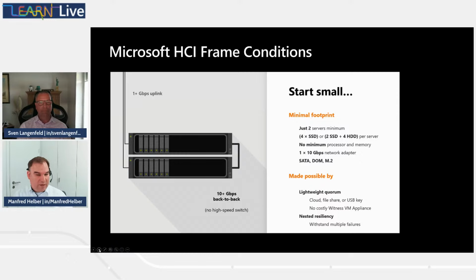Yes, as you mentioned, this is the entry level, the solution regarding the sizing, but not regarding the performance. Even if in this two-node configuration, we have full redundancy, we can use the nested resiliency. That means that the data is mirrored across the servers and also inside the servers. We don't use RAID controllers there.